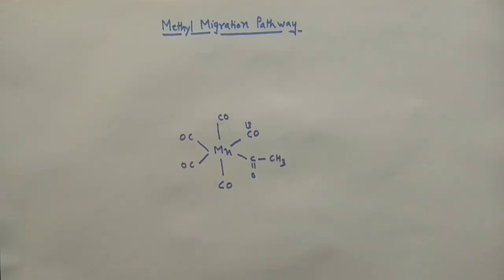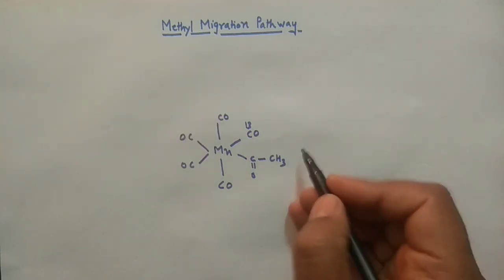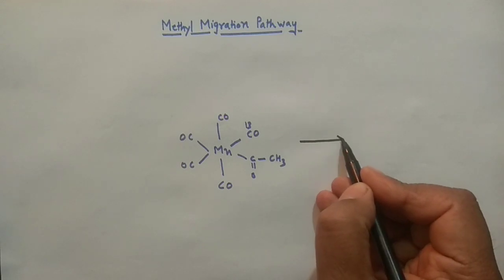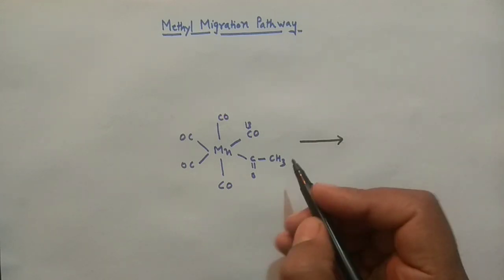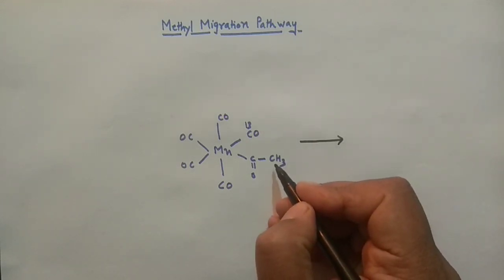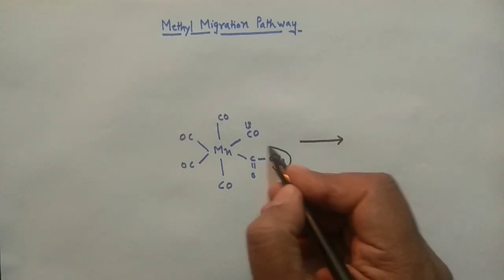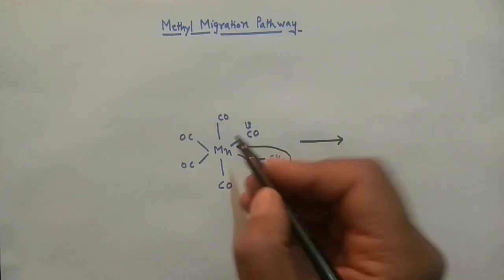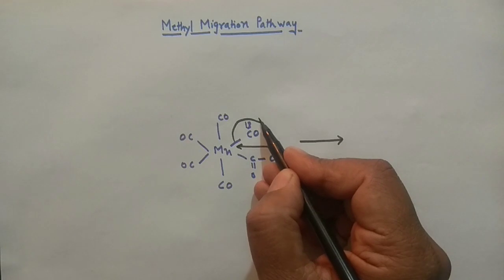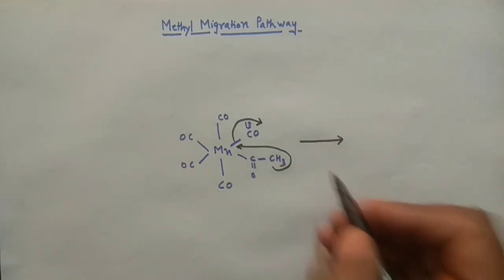Okay, so which pathway am I following in the present case? I am following the methyl migration pathway. So first of all I am doing this reaction, and in this reaction this methyl which is here will migrate to this metal, and this 13C labeled carbonyl will be eliminated from here.